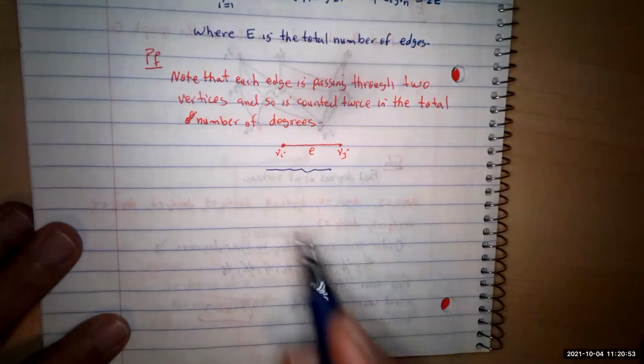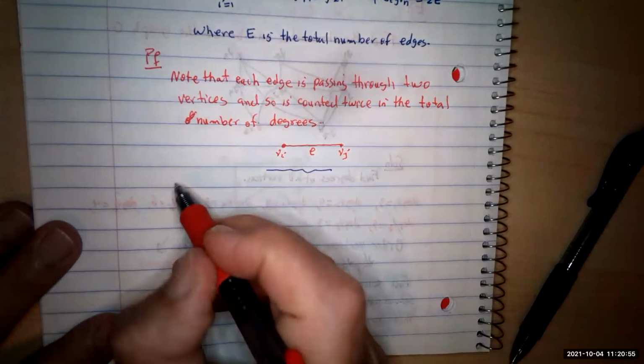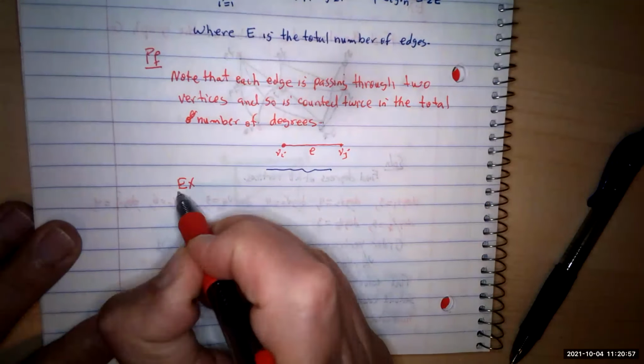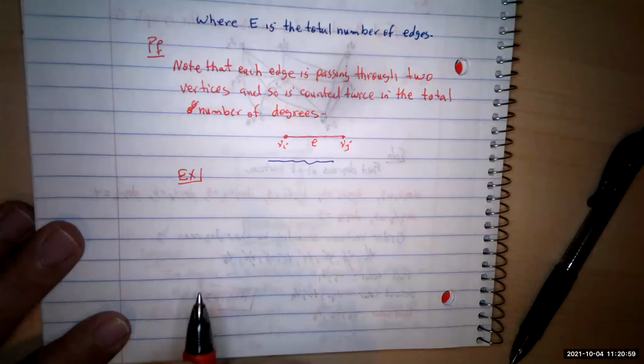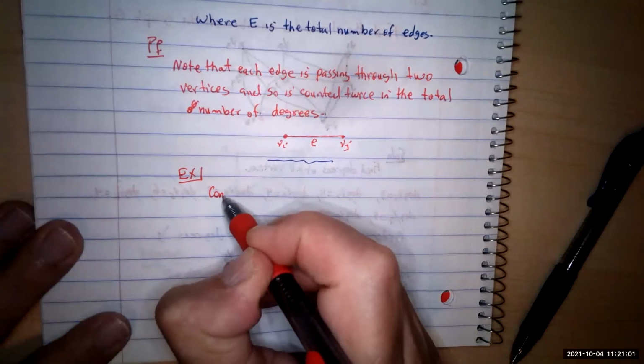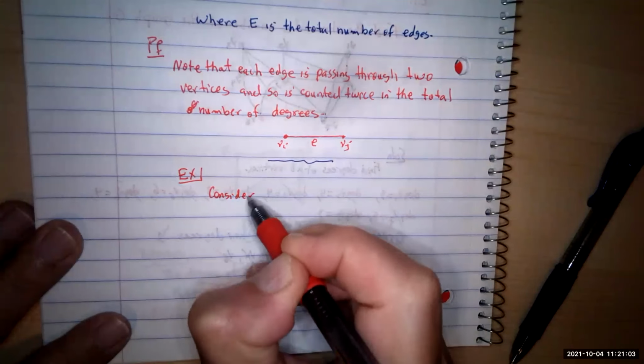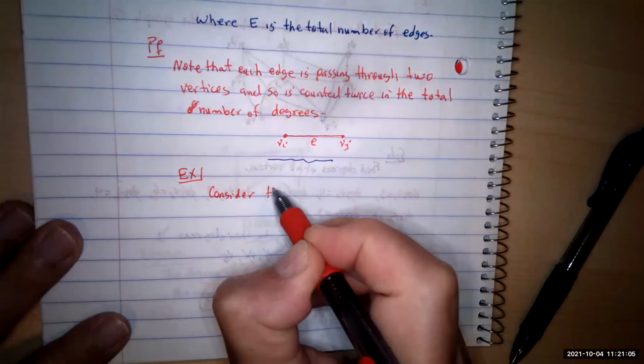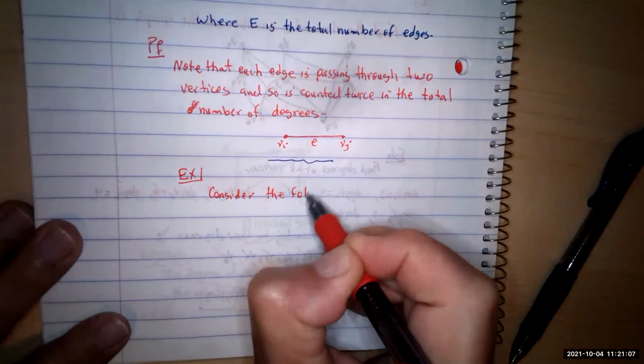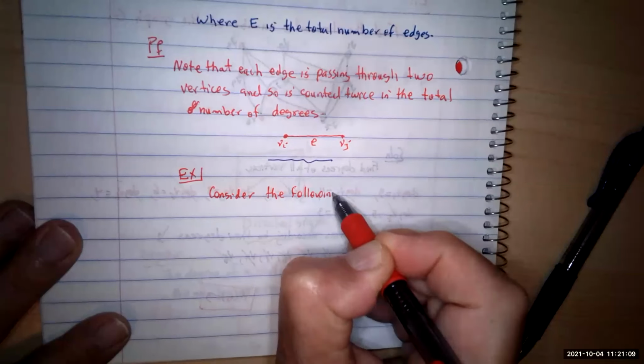Now, for the example, a graph would be given to you and you want to confirm it. If you like, consider the following graphs just to confirm it.